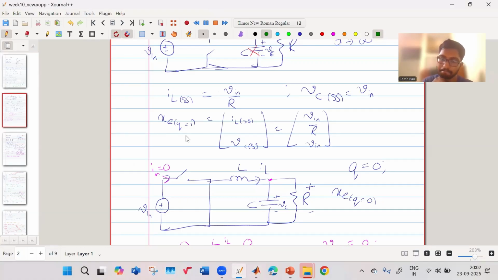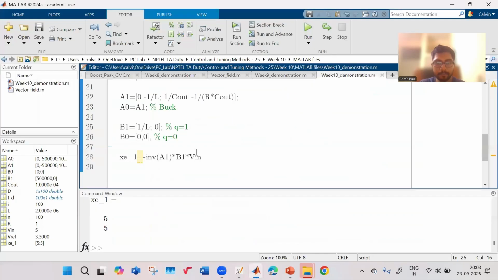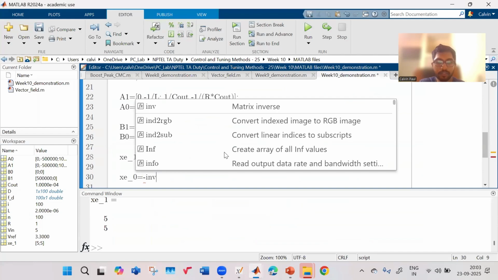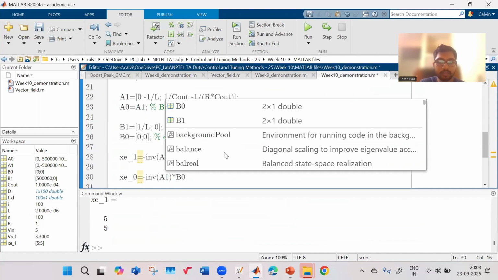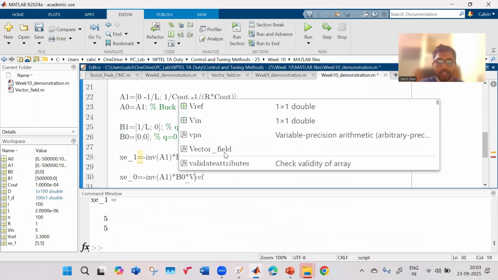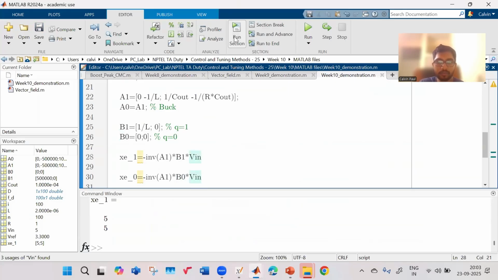Right? Similarly, your XE underscore 0 is minus of inverse of A0 into B0 into V in, which will come out to be 0 and 0.